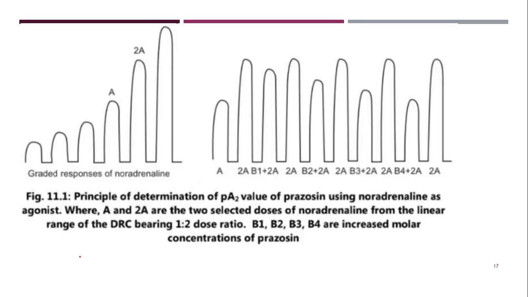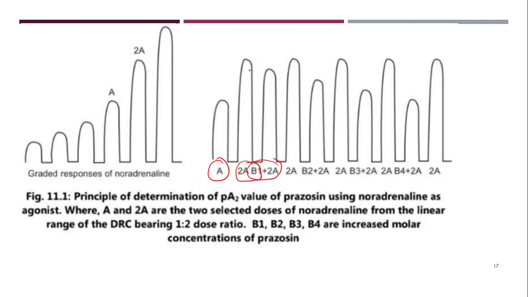So this is the graph which we are talking about. So this is the normal DRC which we have to consider. We have to take the two doses of the noradrenaline which are giving the submaximal responses. So A followed by 2A, we have to give the responses, and 2A followed by B1 plus 2A we have to give.